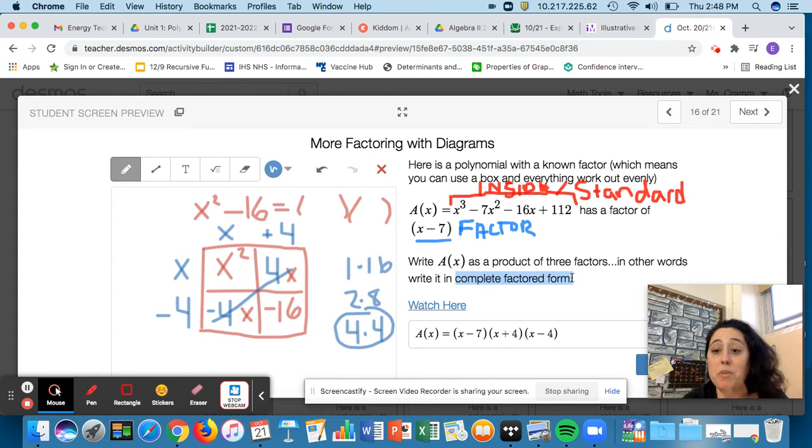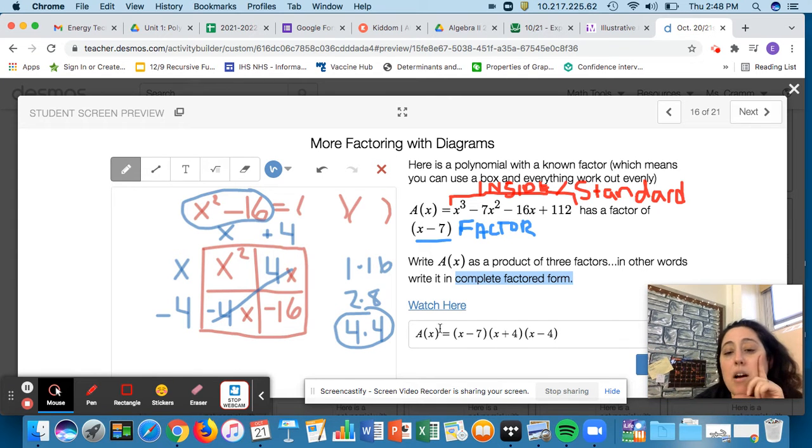So the first one was factored, right? If I said factor and you did it, great, that works. If I say factor it completely, then you have got to go through this extra step of taking the factor x squared minus 16 and factoring that one step further, right? So you just have more separate factors.